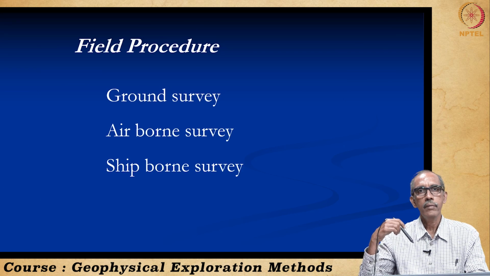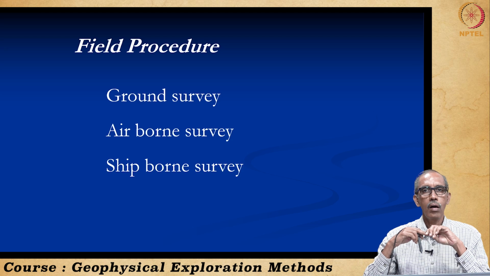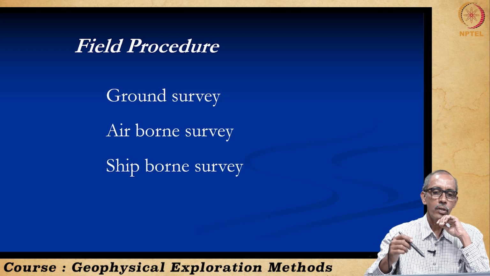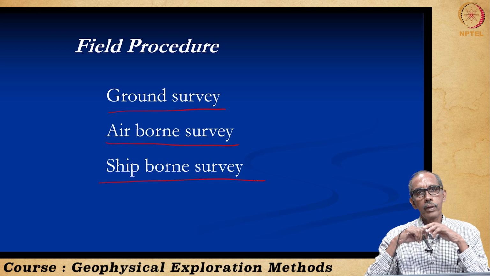Now, let us see how we can carry out the survey in the field. Survey in the field can be carried out in all these three ways. That is the greatest advantage of magnetic methods, which is similar to that of gravity methods. We can carry out investigation from ground or from air or from water also, from a lake or from an ocean.